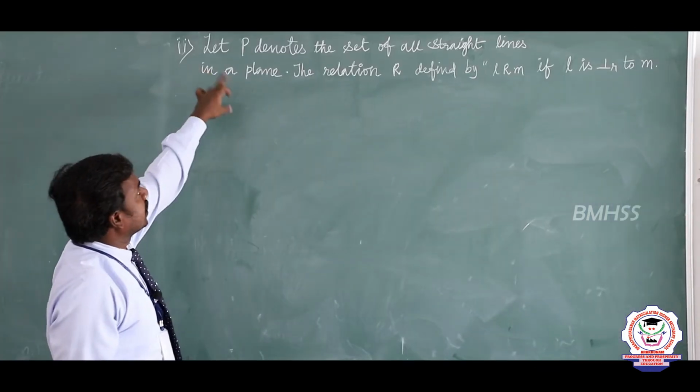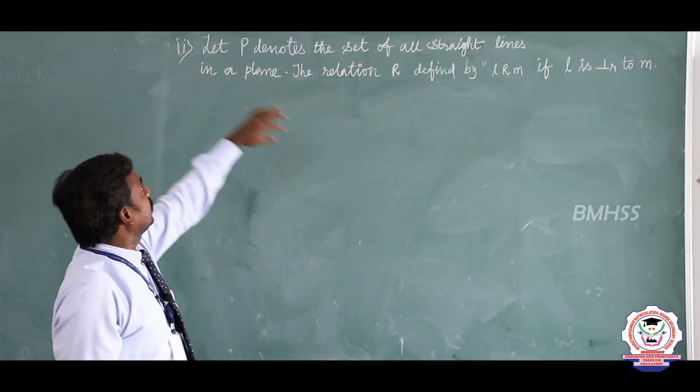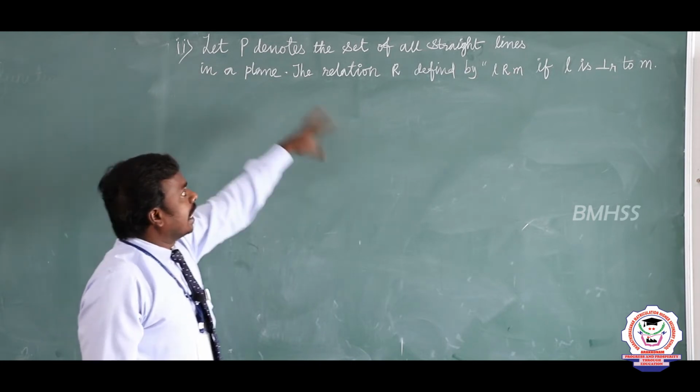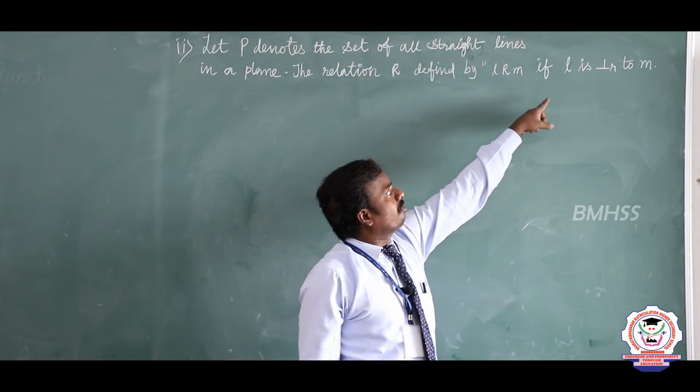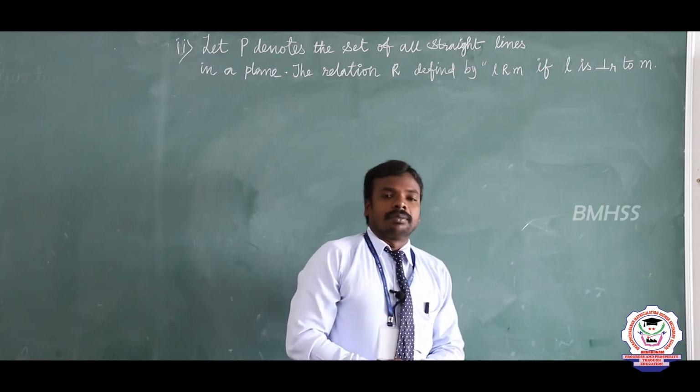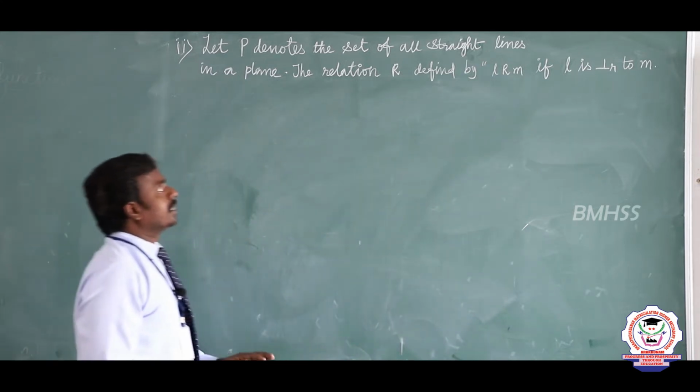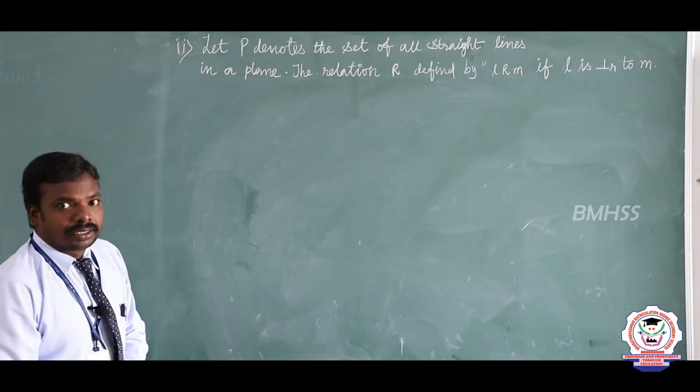Second subdivision, let P denote the set of all straight lines in a plane. The relation is defined by L is related to M if L is perpendicular to M. See here, the given set is all straight lines in a plane. Do you understand?